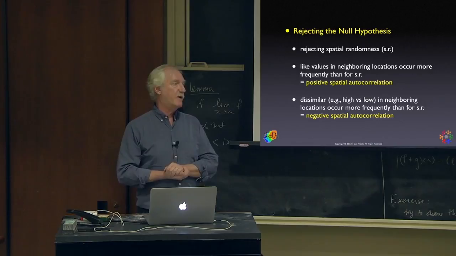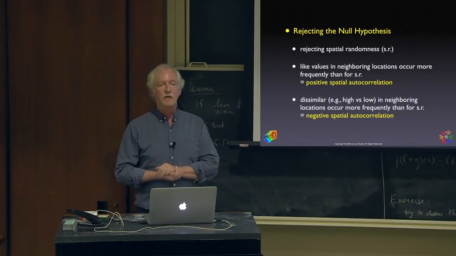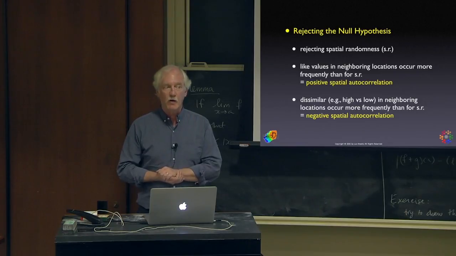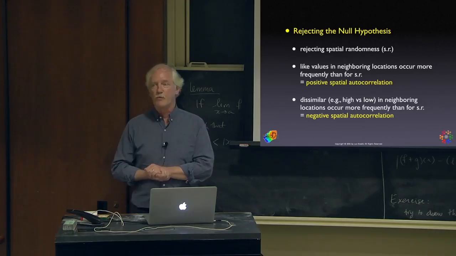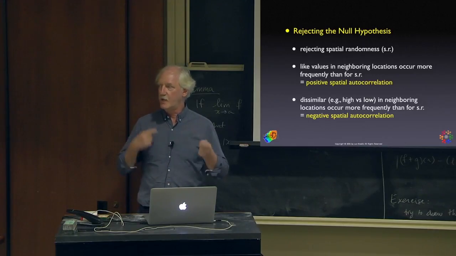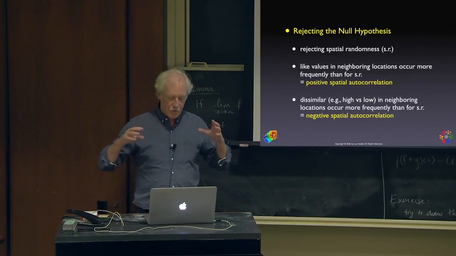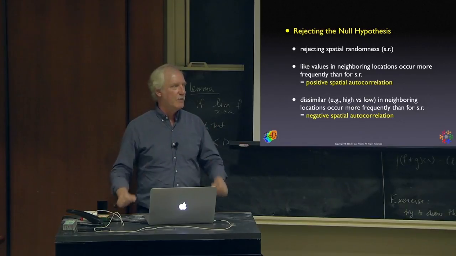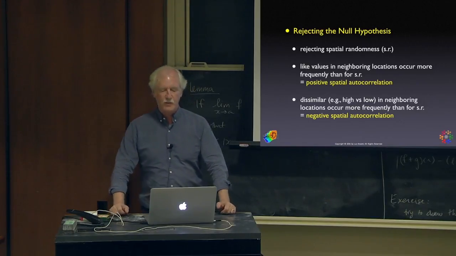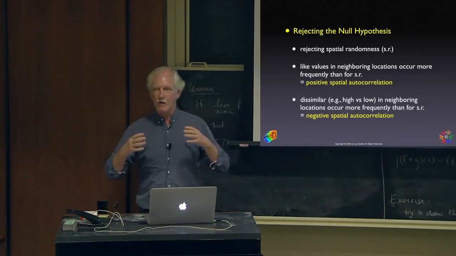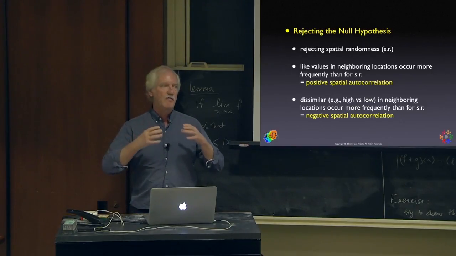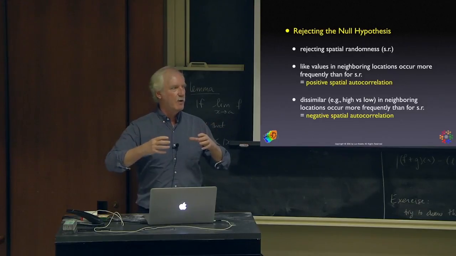That's positive spatial autocorrelation. And I'll say this a number of times, clustering of similar values, not necessarily high or low. We tend to interpret it as high or low, but that's not included. It's just similar. So positive spatial autocorrelation is what we think about when we think about clustering, about similarity, having similar values in similar locations.